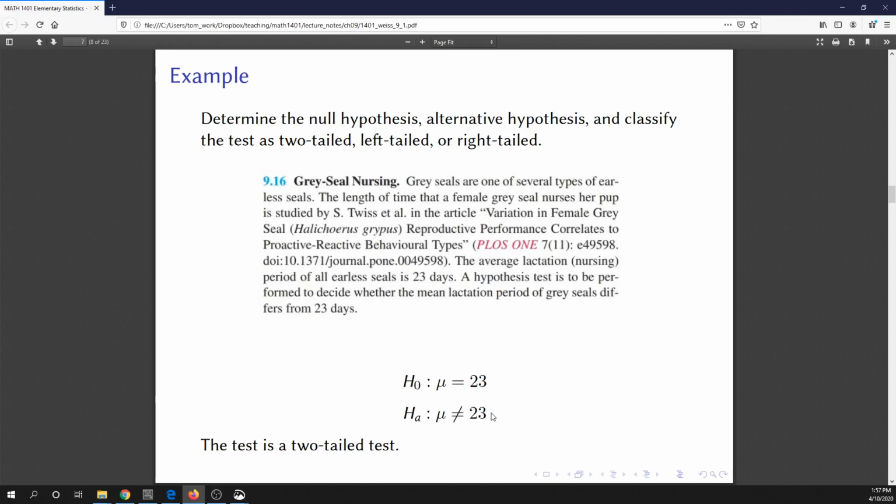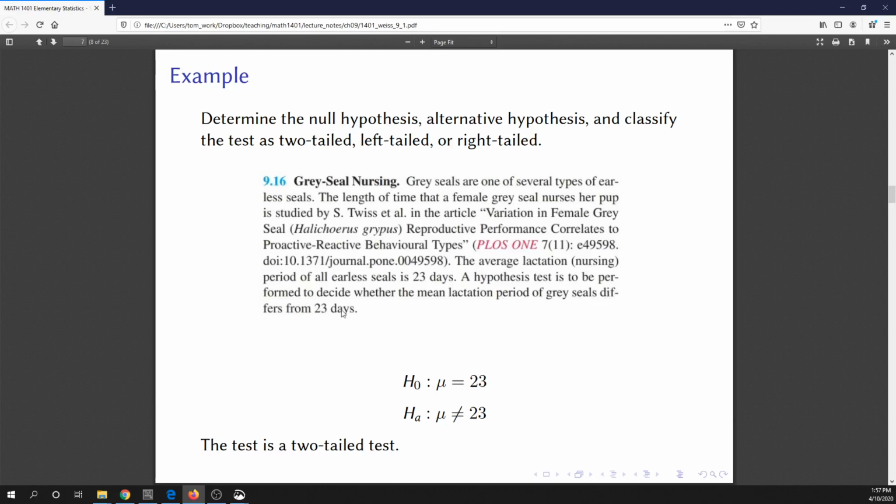So again, our null hypothesis is always going to have this form, that the mean is equal to some number. And then for our alternative hypothesis, you're going to have to look through the language of the description of the test to look for those keywords.